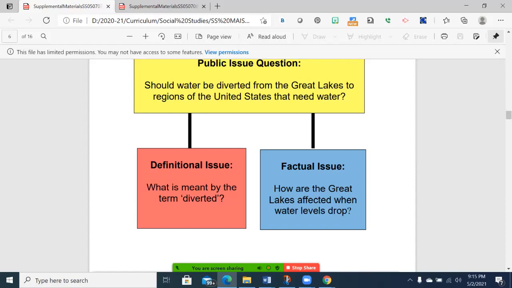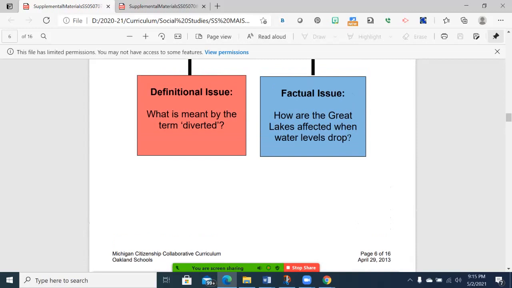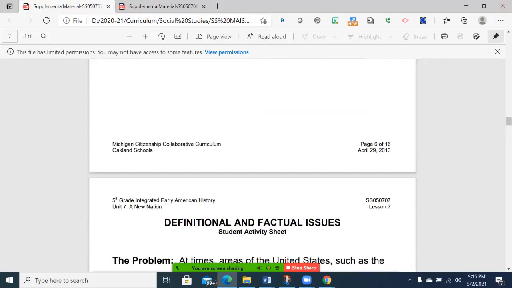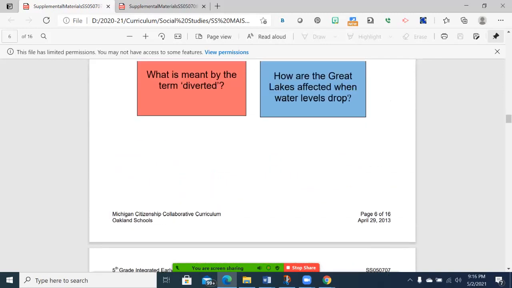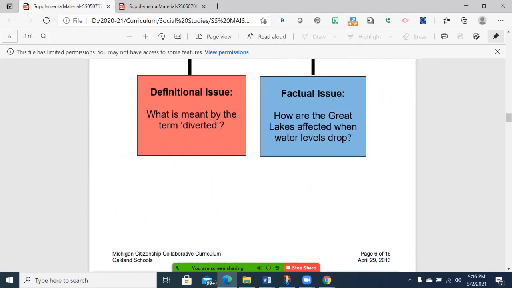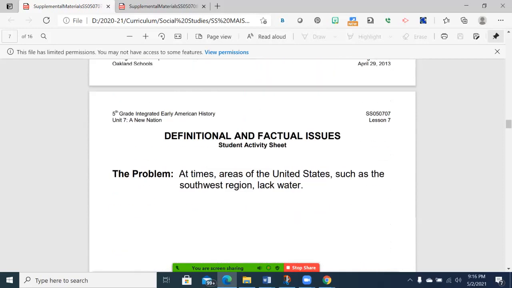And so the facts of the matter would be what would happen here, because if you put a giant straw in your pop and you start drinking, or your water, let's just say your water, it's going to get lower. So you would be deciding that issue.